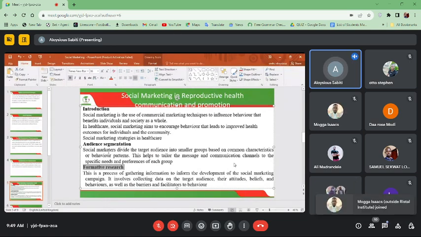We expect that a woman can go for antenatal care in the first 12 weeks of pregnancy. But if they do not go in the first 12 weeks, then they have delayed their first antenatal visit.